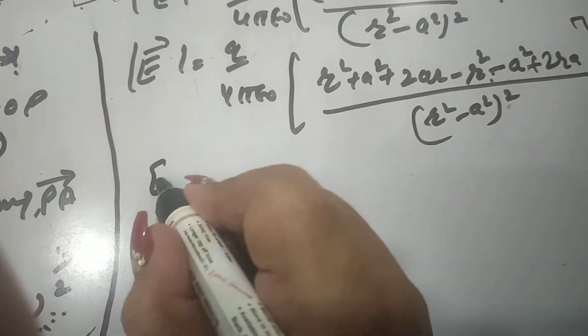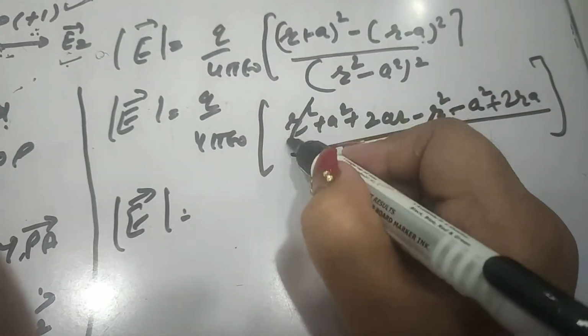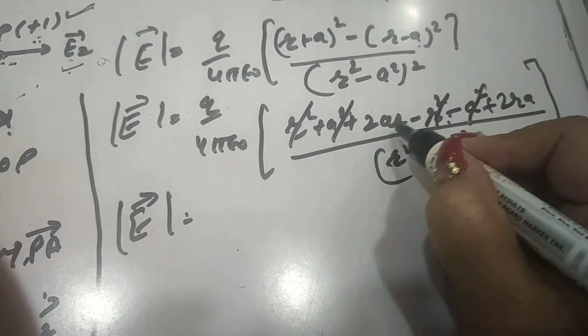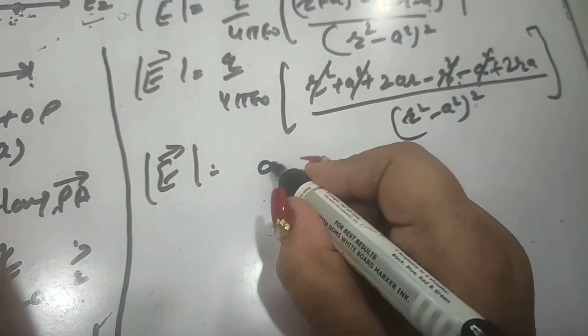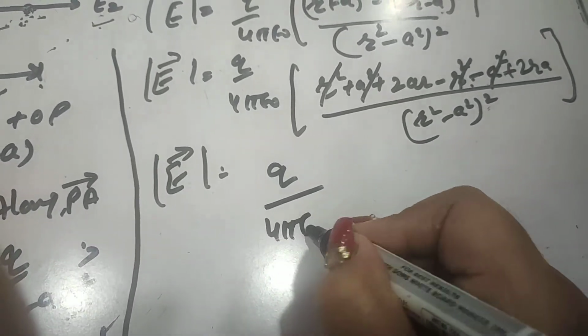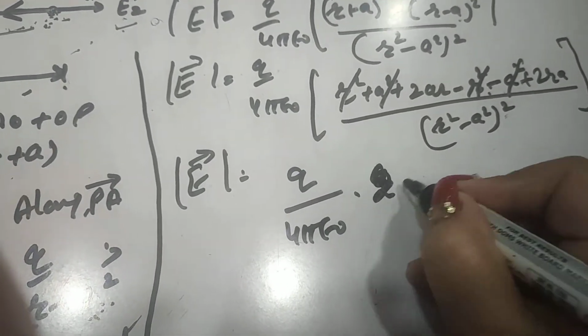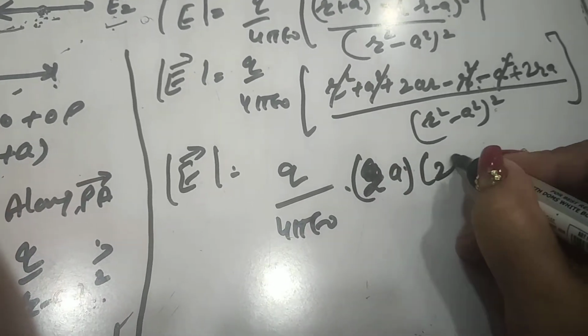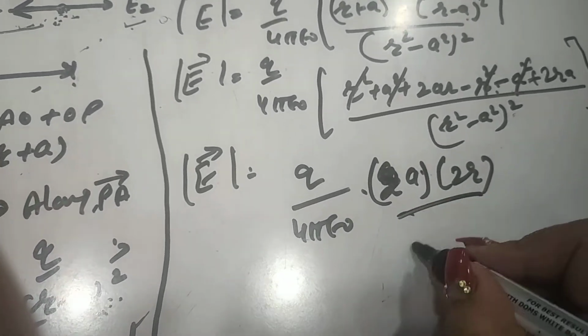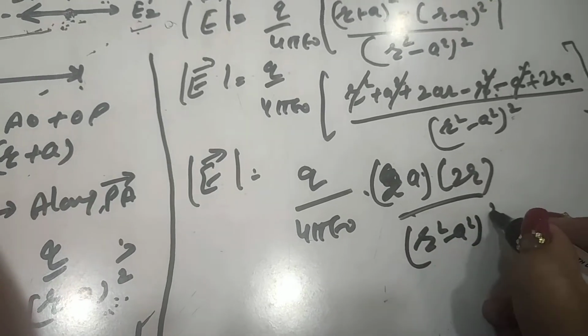So r square and a square cancel out, and we are left with 4ar. That is q upon 4 pi epsilon naught, q into 2a into 2r upon (r square minus a square) whole square.